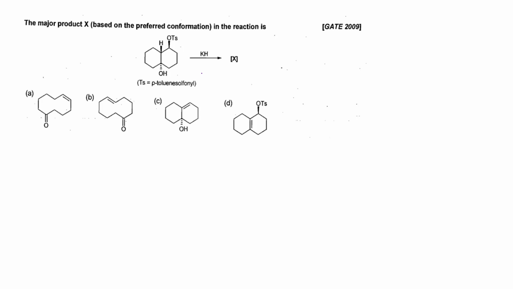What will be the major product formed in the reaction? So we know for elimination we need an anti-arrangement of the leaving group and the adjacent H. So this OH is here.